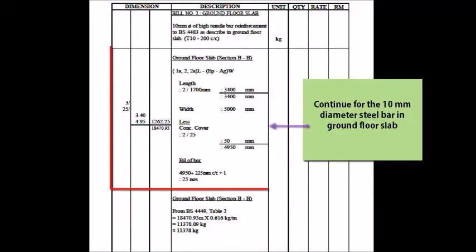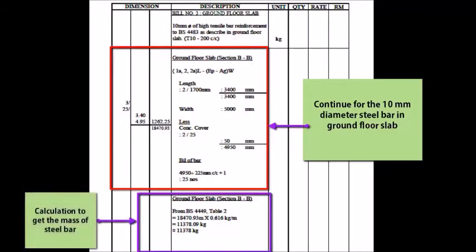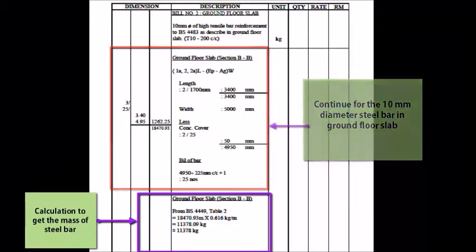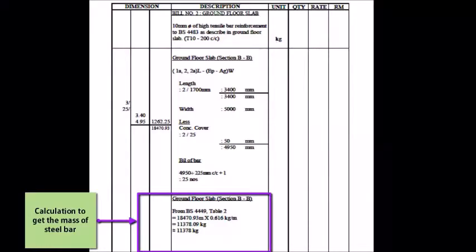Lastly, after we have calculated all the amount of 10 mm steel bar in meters, we will then total up and proceed by referring back to the BS4449 table 2 to get the mass per meter of the bar according to the diameter of steel bar, so that we can multiply the amounts together to get the total mass.